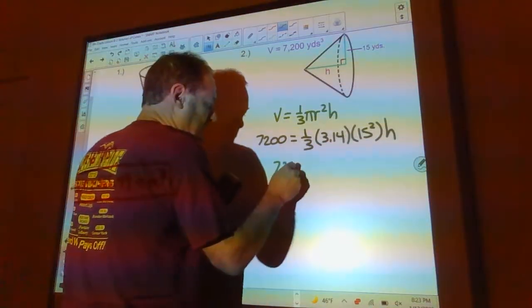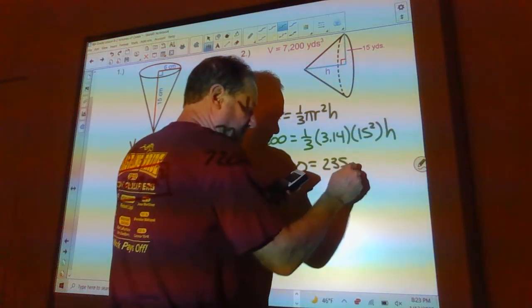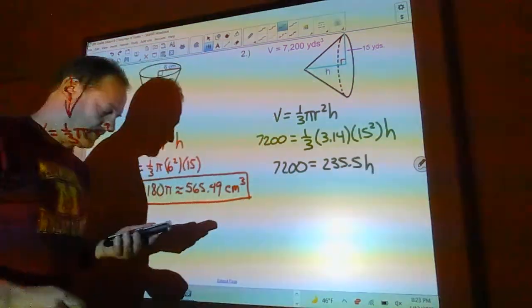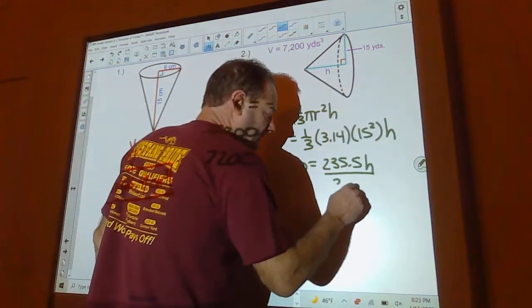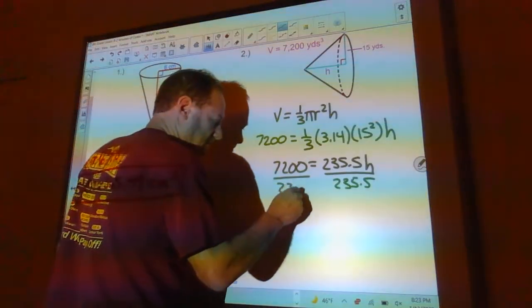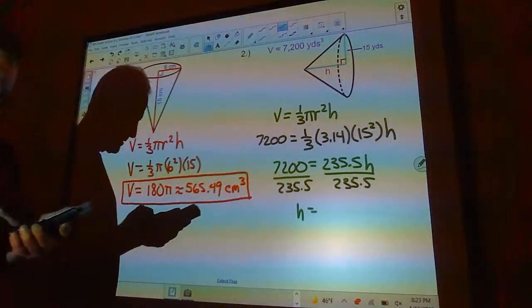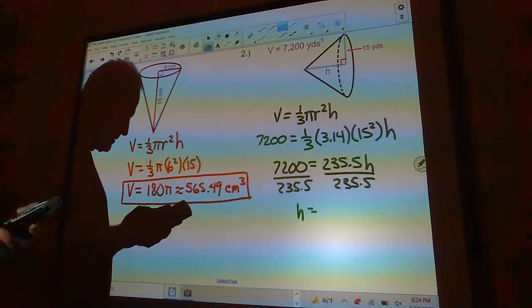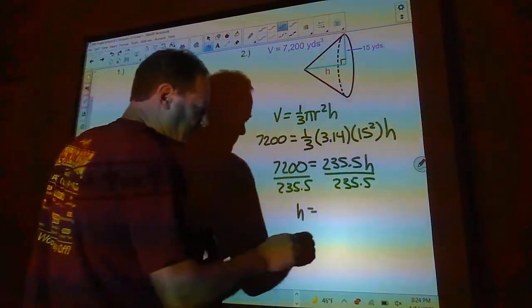So 7,200 equals 235.5 h. Then I'm going to go ahead and divide by 235.5 on both sides. And I get approximately 30.6.